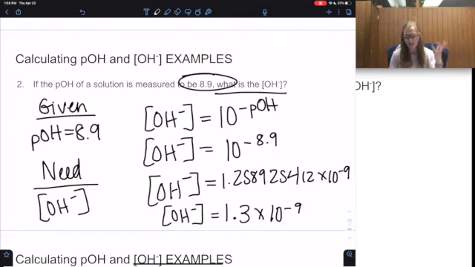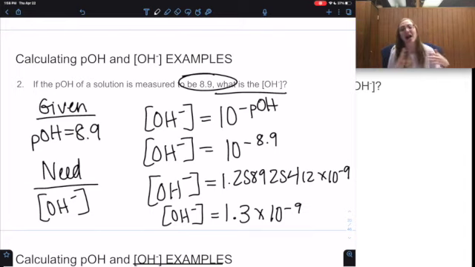Well, if I have 1.3 times 10 to the minus 9 molar concentration of OH minus, that 10 to the minus 9 is much less than 10 to the minus 7. So that would be what we expect in a pOH 7 neutral compound. So if I have less OH minus ions, that means I can expect that my pOH is going to be very high because there are not very many of those in solution.